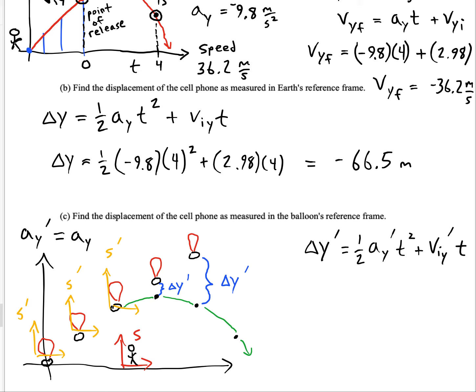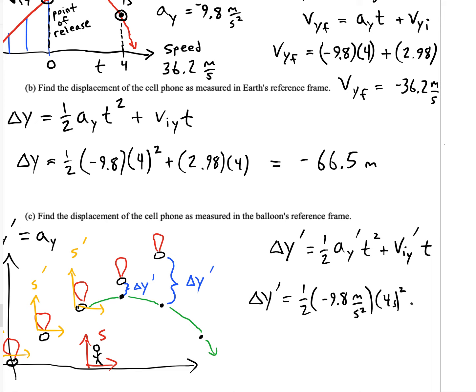Let's plug in the things that we need. All right, so we'll have negative 9.8, 4 seconds of time, but what is our v_iy? v_iy prime would be the motion of the cell phone relative to the balloon operator, for example.